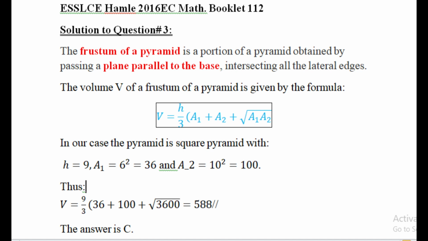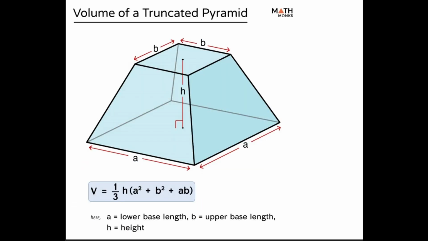The formula is, in general, for any kind of pyramid, not only for a square pyramid, the volume for a frustum of a pyramid is given by this formula. Volume is equal to h over 3 times a1 plus a2 plus square root of a1 times a2, where h means the height of the pyramid, a1 and a2 are the areas of the lower base and upper base. In the current problem, the bases are squares.